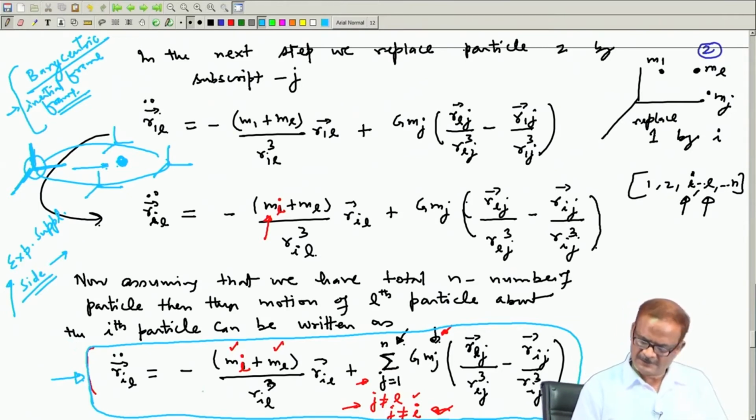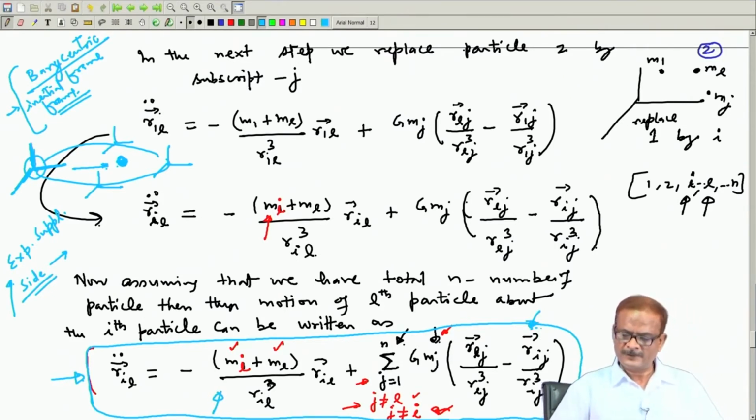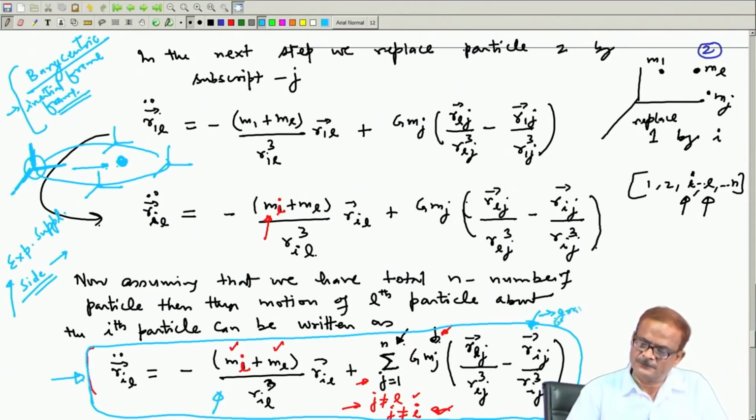Now, we have got this. So, this is our main term, and this is the perturbative term as I have stated earlier. Now, one more point I would like to say here. This perturbative term here we are taking only due to gravity.